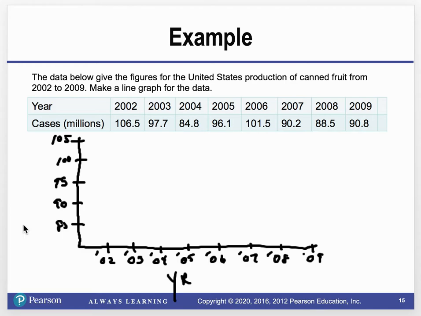I'm not going to be able to write sideways because I can't turn it sideways and write on it. Okay, cases. And don't forget, if we have something like in millions, we need to say that.